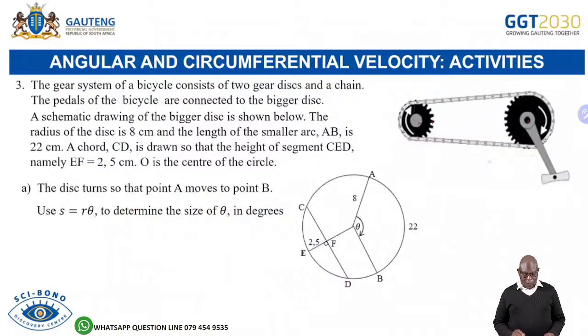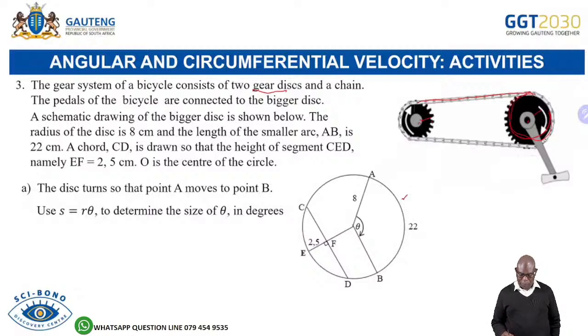The gear system of a bicycle consists of two gear discs and a chain. So I've got a chain here. These are the discs. The pedals of the bicycle are connected to the bigger disc. So that is the bigger disc here, and the smaller disc. The schematic drawing of the bigger disc is shown below. So this one is the bigger disc.